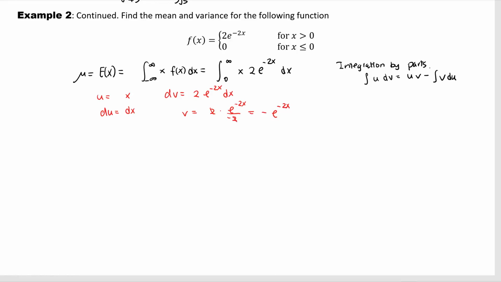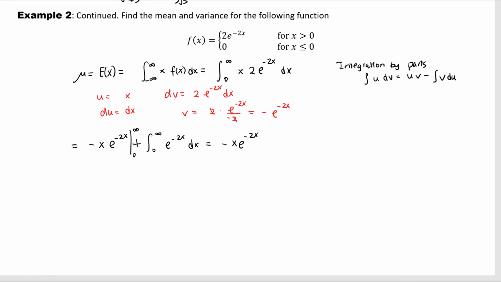So the integral equals u is x, v is minus e to the minus 2x, minus the integral from 0 to infinity of v du. Flip this sign to be a plus. du is dx.